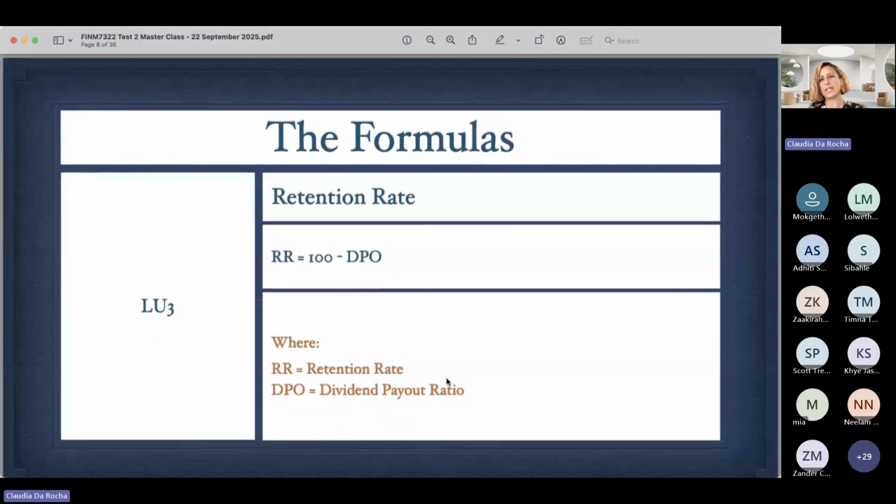So retention rate is how much of earnings is retained. And when we say 100 minus DPO, we're talking about the dividend payout ratio in absolute percentage form. So what I mean by that is if our dividend payout ratio is 50%, it would be 100 minus 50, which means that your retention rate is 50%.